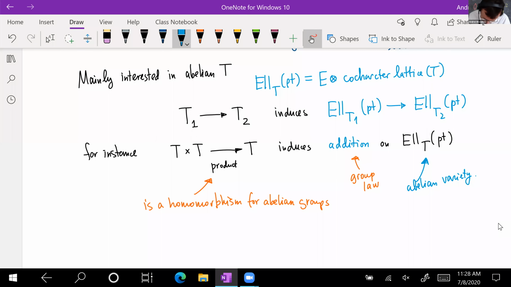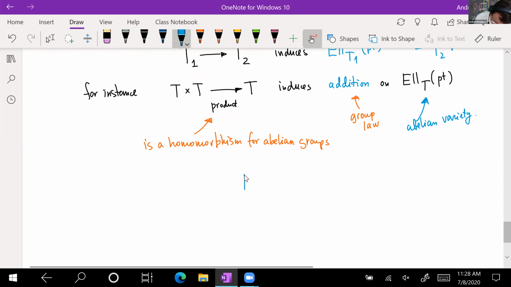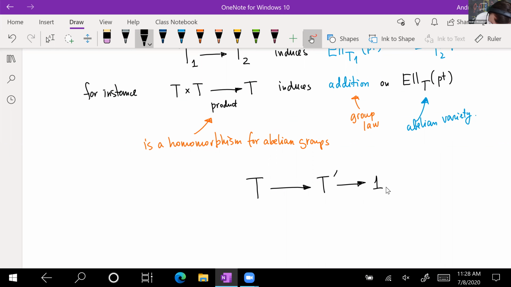Anyway, okay, so that says that for abelian groups, I have this, and then we have a more general homomorphism. Let's just say I have some exact sequence: some torus goes to some subtorus prime, goes to 1, and here is the kernel of the homomorphism of tori.